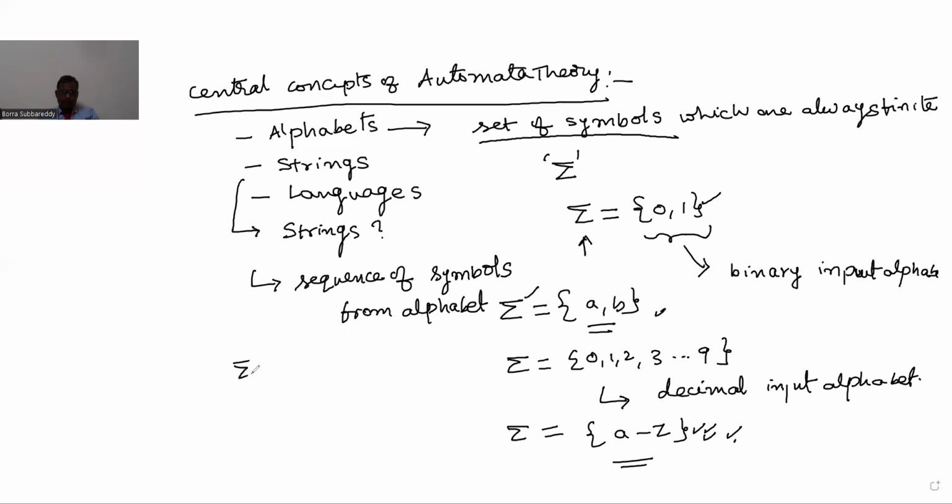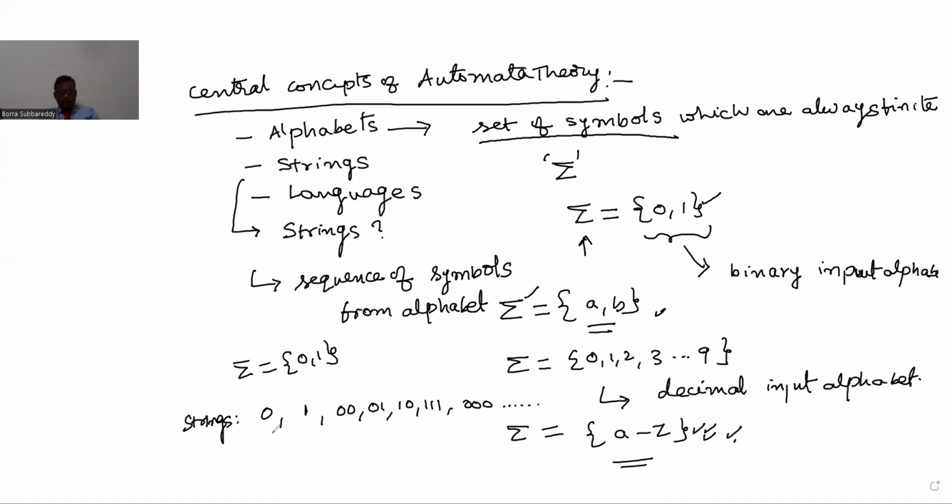For example, sigma equal to {0, 1}. Using this input alphabet, we can derive many strings. 0 is a string, 1 is a string, 00, 01, 10, 11, 100, 000, and so on.